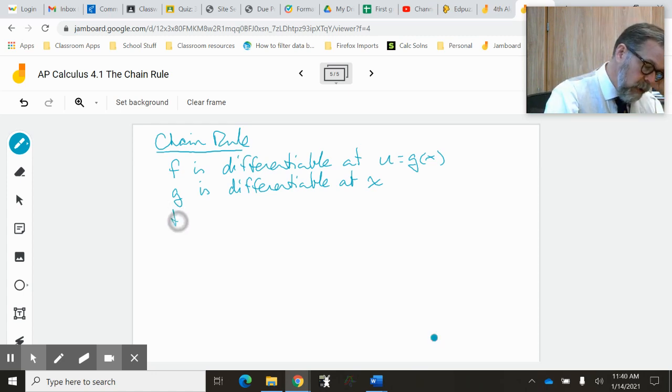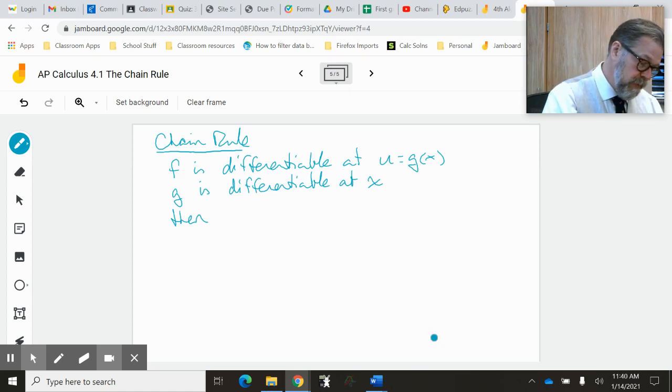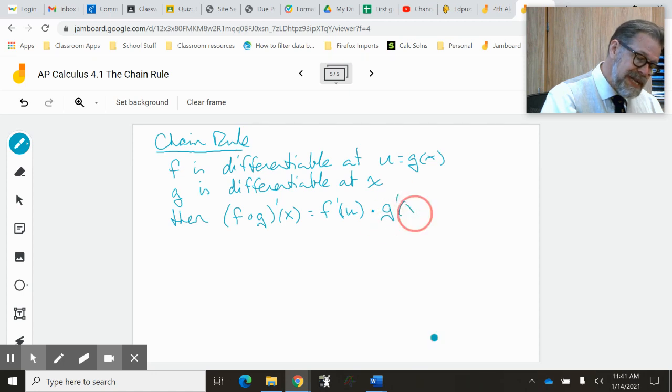So then what we can say, and I'm about to use notation you may not have seen, so hold tight. F of g, that is the composite function, the derivative with respect to x is equal to the derivative of f with respect to u times the derivative of g with respect to x.